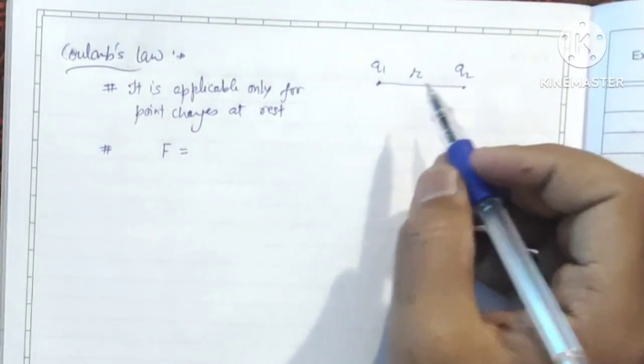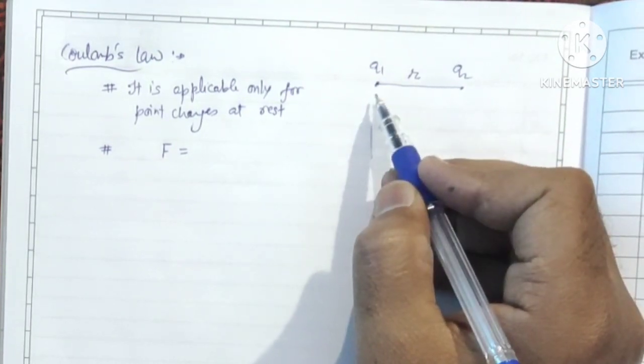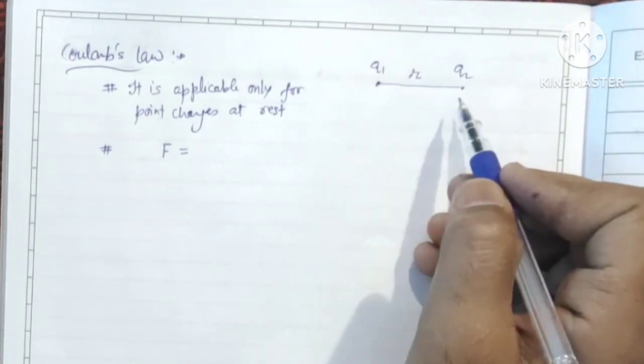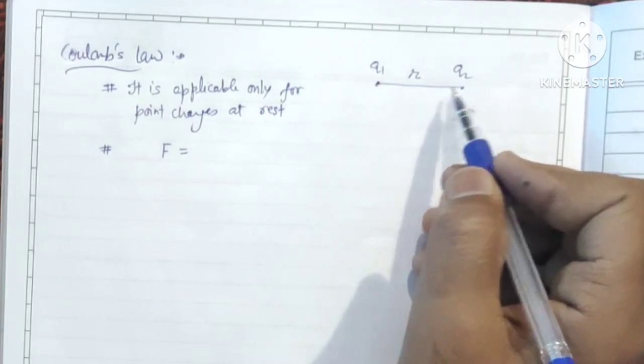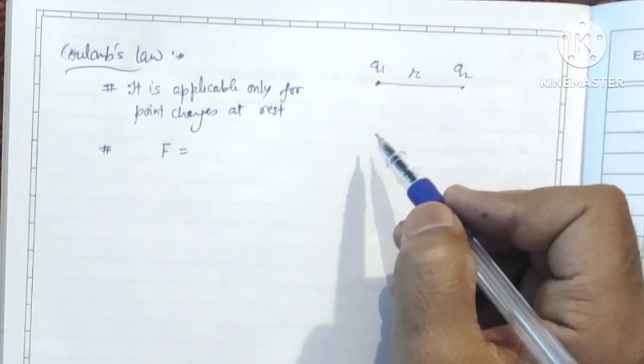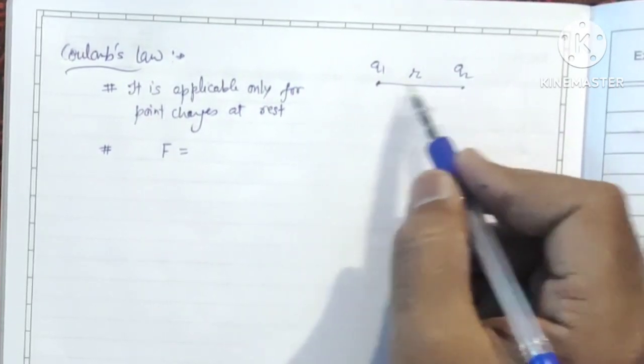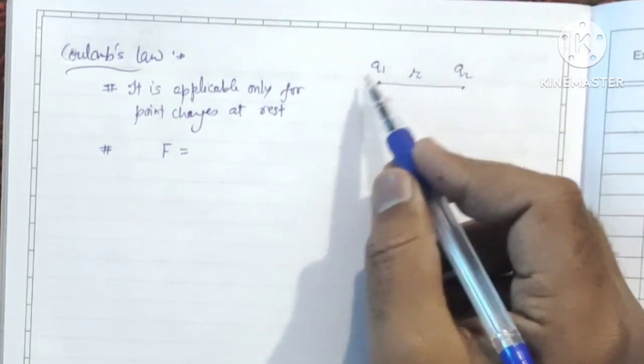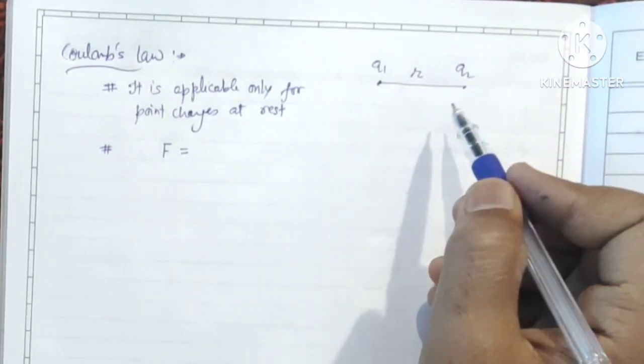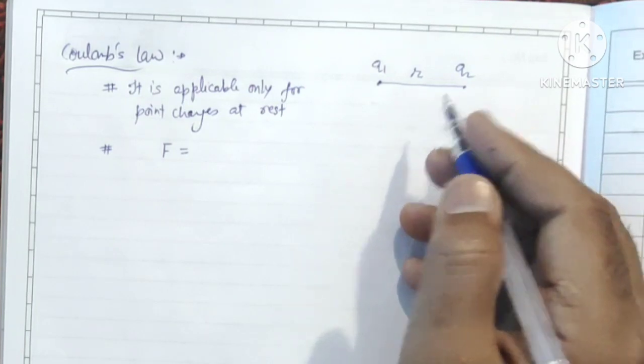the force of interaction may be a force of repulsion or a force of attraction depending on the nature of the given charges. If charges are of the same nature, like charges, force of repulsion will be there, and force of attraction will be for unlike charges.